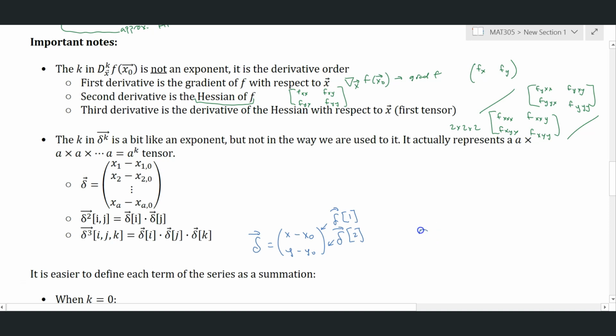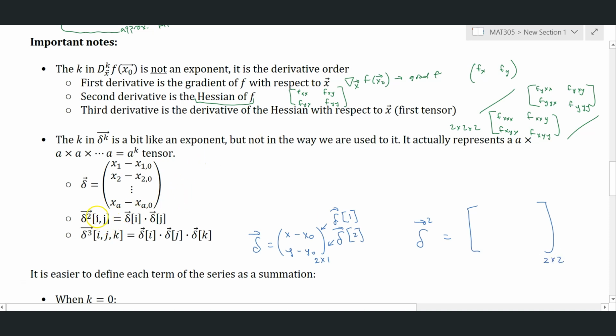What this would look like is if you took delta squared, well, by the definition, the i comma j entry, i represents the row number, j corresponds to the column number. Remember, we said that this is going to be a by a, in our case this is a 2 by 1, so an a by a would be a 2 by 2.